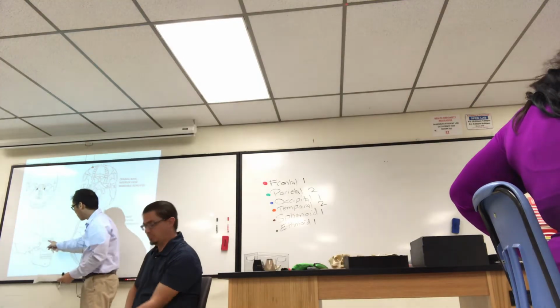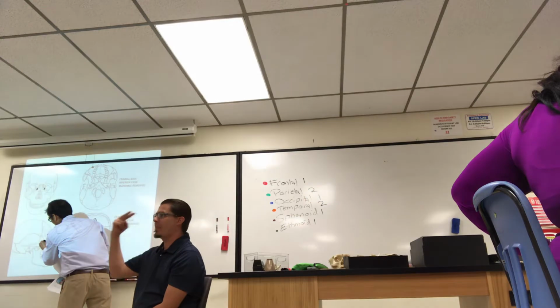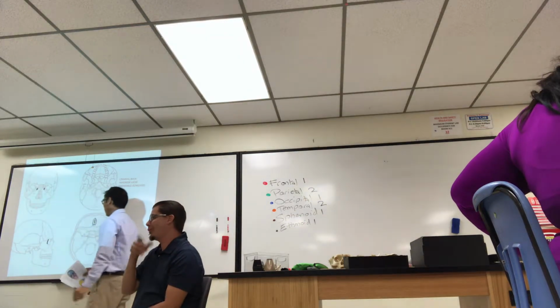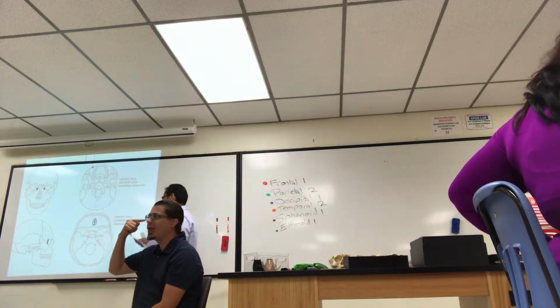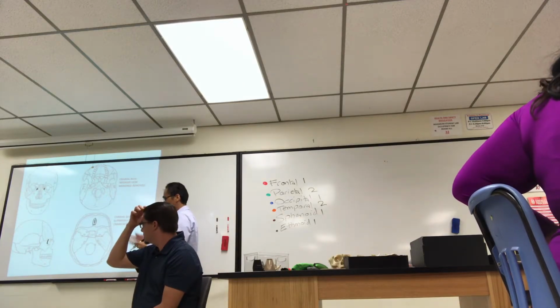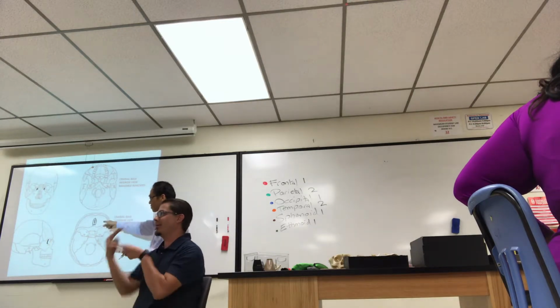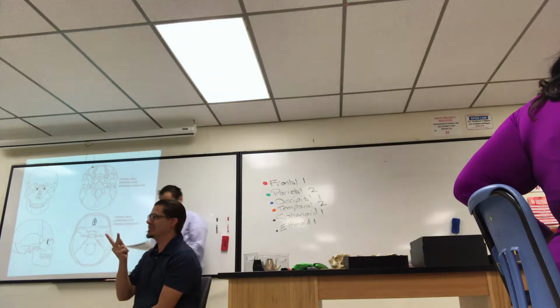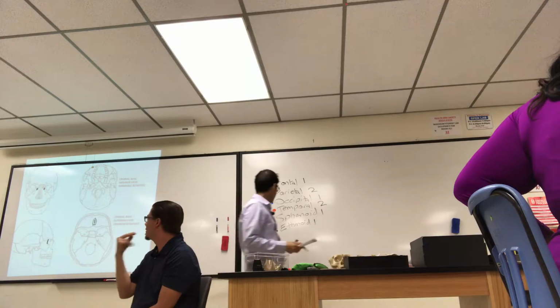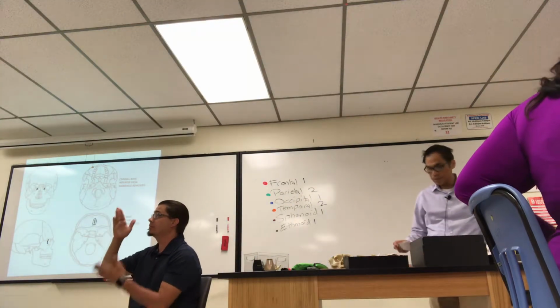You can't see it from here, but it's not even worth coloring. It's kind of like right here from the lateral view there. And you don't really see it from this view at all. So it's kind of hard to see. It's really best looked right there. That's the ethmoid. And that concludes what are called the cranial bones.